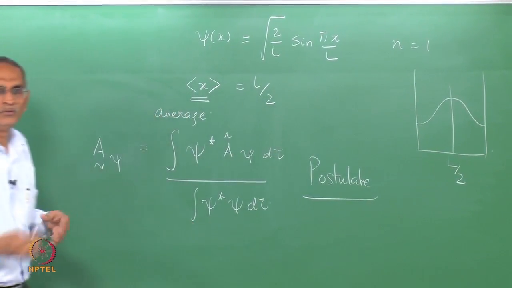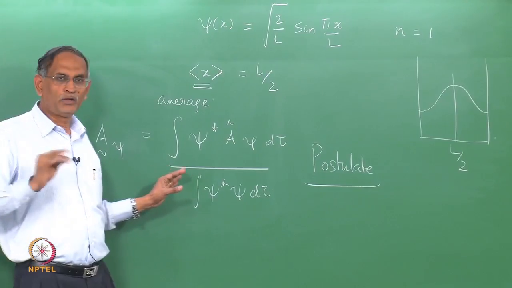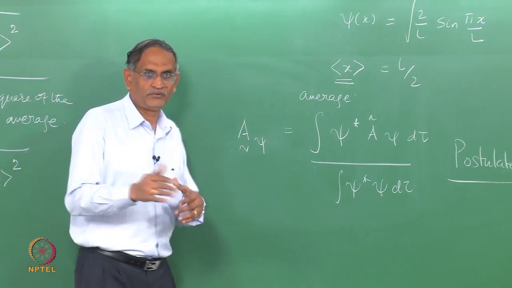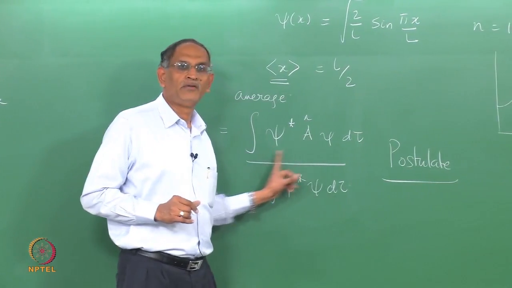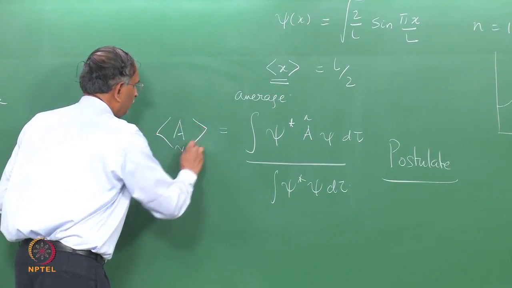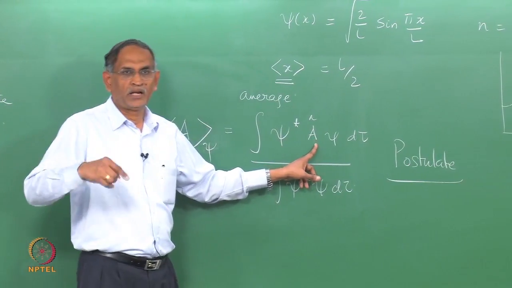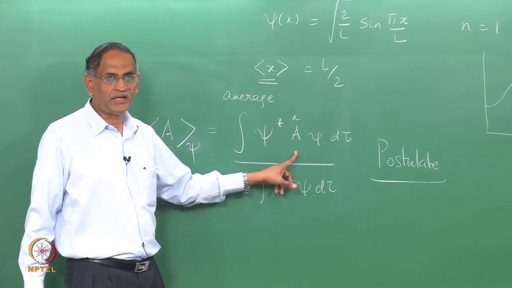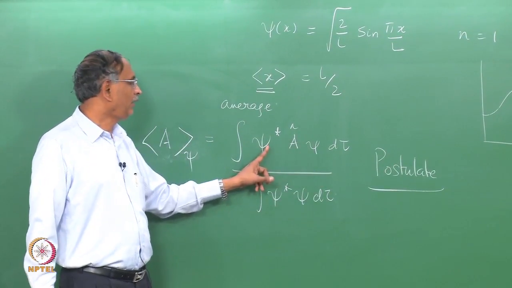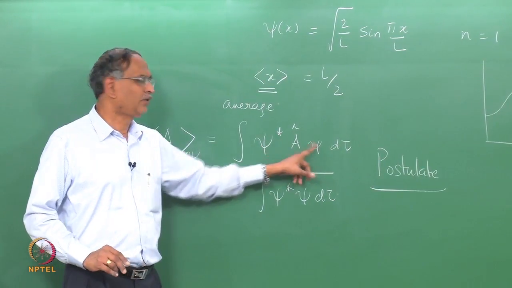I do not want to tell you how this can be arrived at using arguments. You will find such things in physics books, but for the particular course that you have started taking, this is the postulatory introduction for the expectation value of any variable A whose corresponding representation as an operator is given by this A hat, and the A hat is between the wave function psi and the complex conjugate psi star, if psi is a complex function, otherwise both of them are psi.